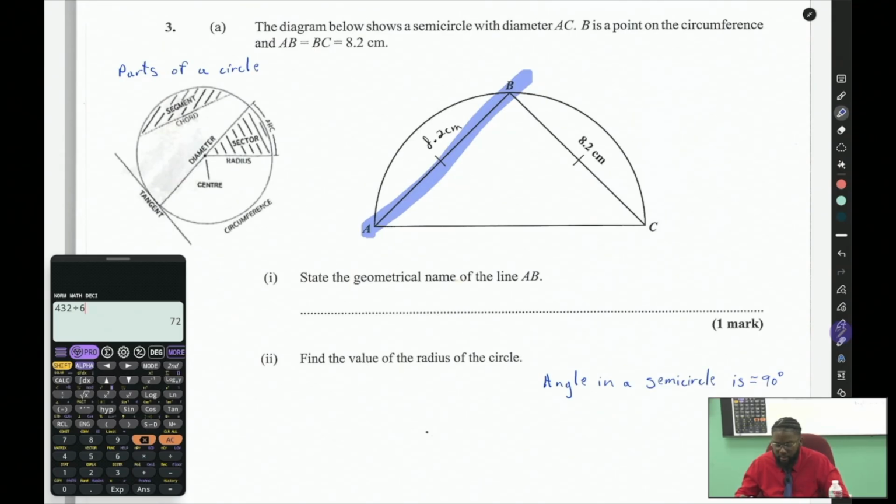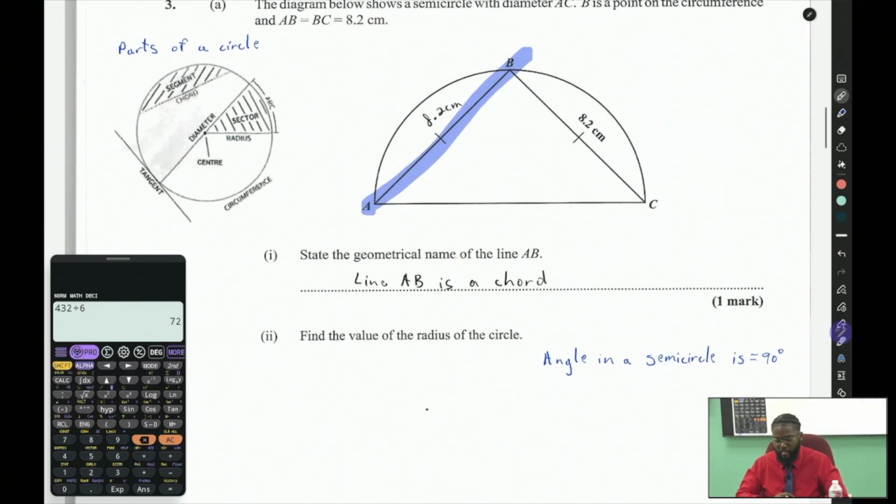So which other line could we look at? The other line that we could look at is the chord, which stems from one end of the circle to the other end without passing through the center. So the geometrical name of line AB would be a chord. All right, easy, 1 mark.